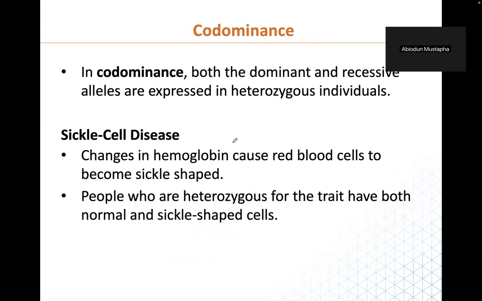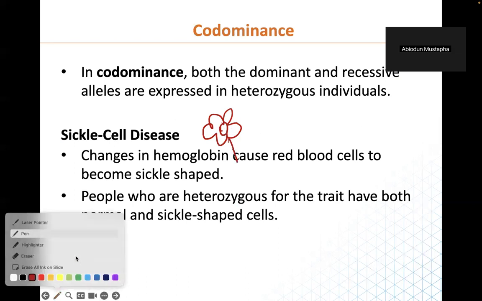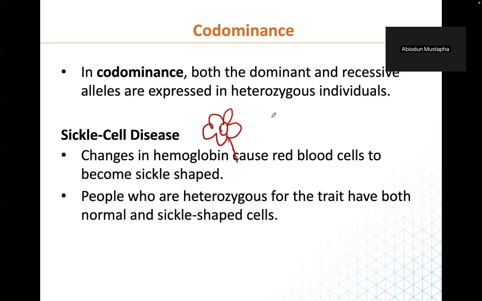Now, in contrast to incomplete dominance, we have another one called codominance. In codominance, both the dominant and recessive alleles are expressed in the heterozygous individuals. So the meaning is, in a kind of flower where you have a plant with a red flower, then you cross this flower with another flower, which is a yellow flower.